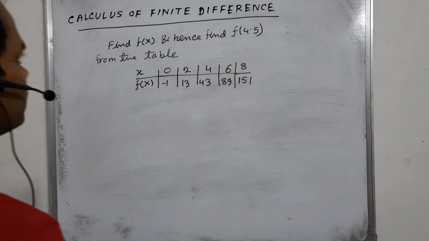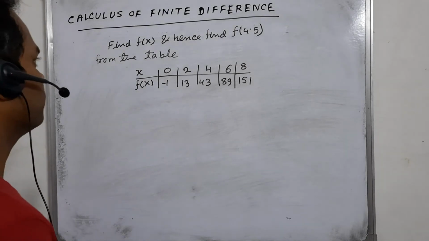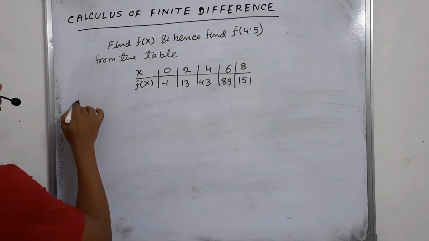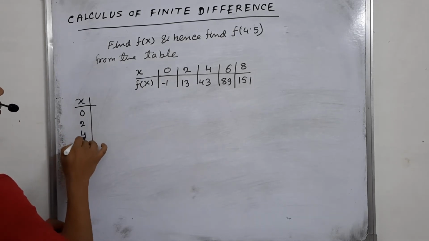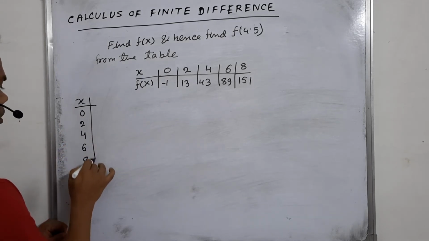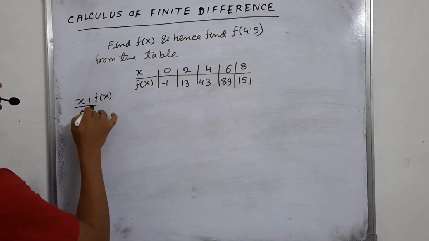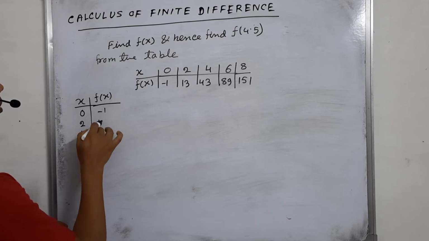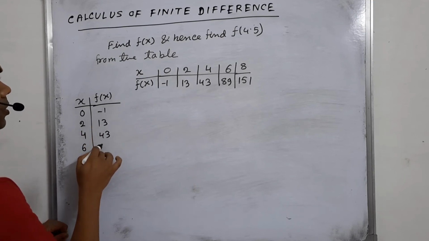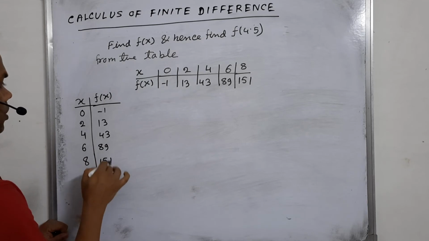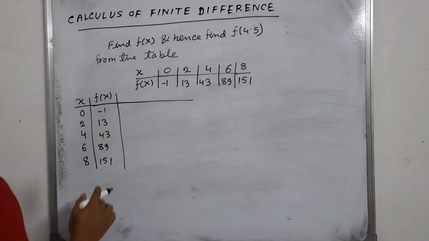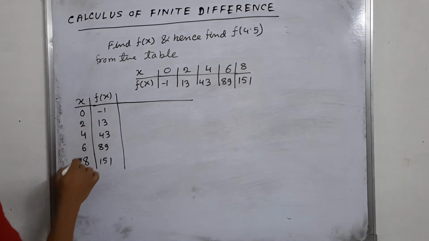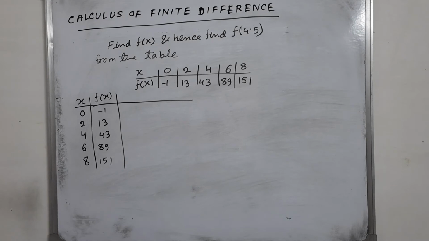Next sum is: find fx and hence find f of 4.5 from the table. Here x is 0, 2, 4, 6, 8. fx is minus 1, 13, 43, 89, 151. So there are 5 values of x, so we can find a maximum delta 4.